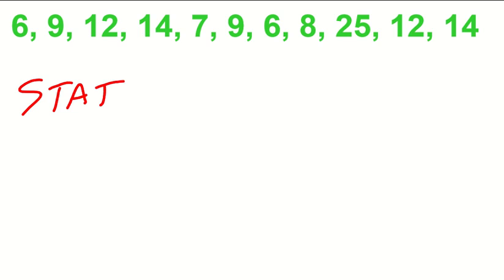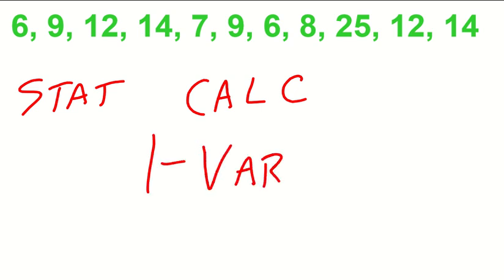So once you have them all entered in, you hit the stat button again. You move over to calc. I want to make sure I wrote it the exact way. You got the one variable stats, or 1-Var Stats.